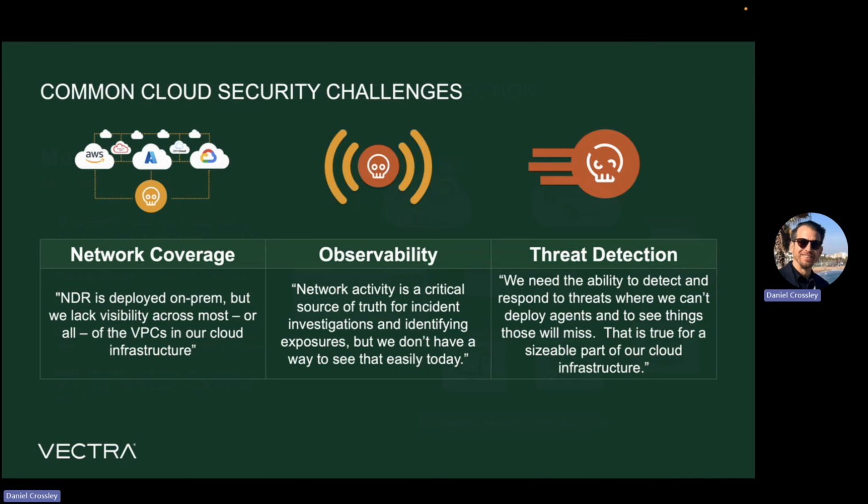So moving forward from there, coupled with that, there are some common security challenges that we hear from our customer base and the wider industry out there as well. And that is to do with network coverage, observability, and threat detection. Network coverage, meaning coverage both on-premise and in cloud environments.